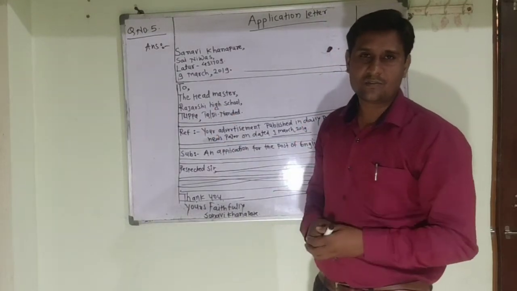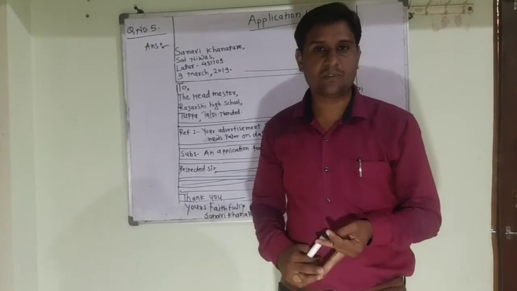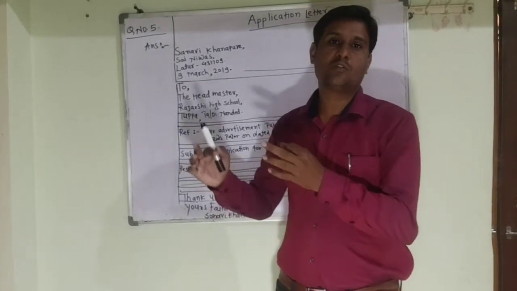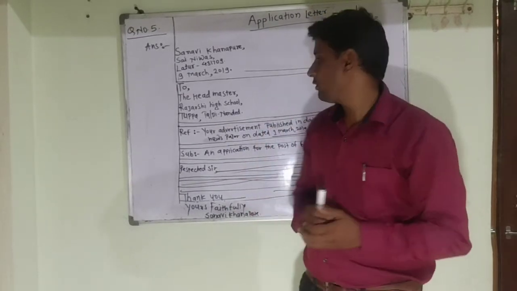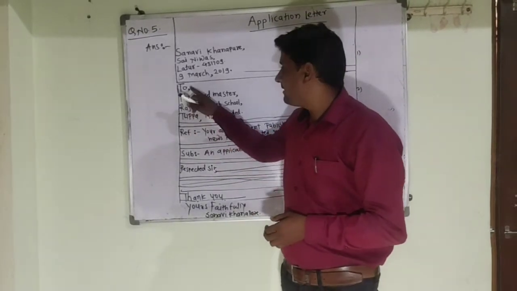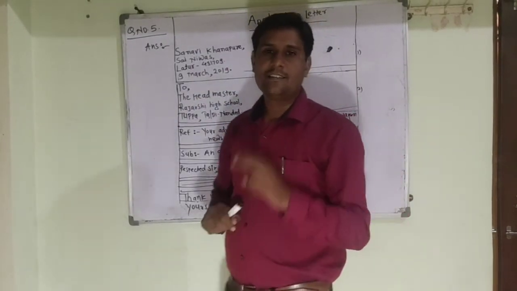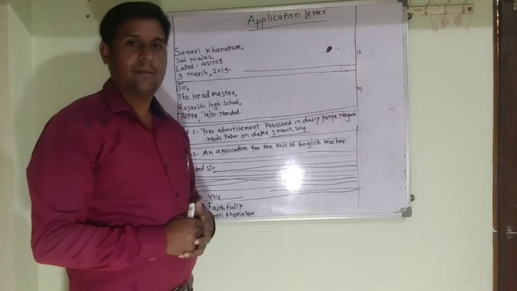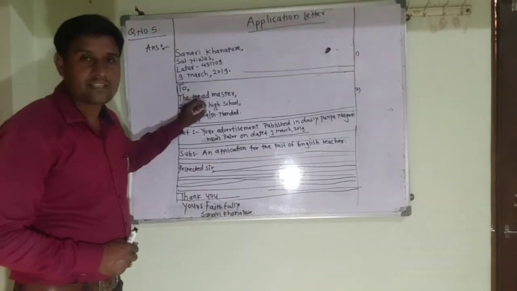Who is a receiver? For example, it may be a headmaster, a principal, or some authority of any company. Okay, you should write it on the left, one line below the writer's address. It is the second rule of the application letter. We call it the address of the addressee. How do we write the address of the addressee?